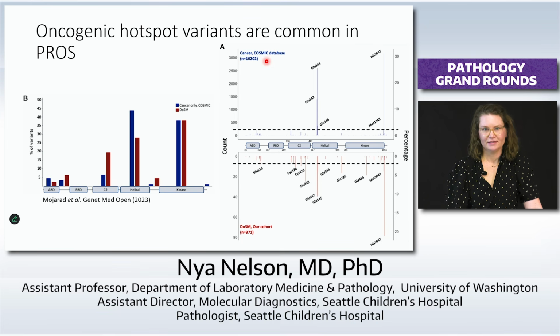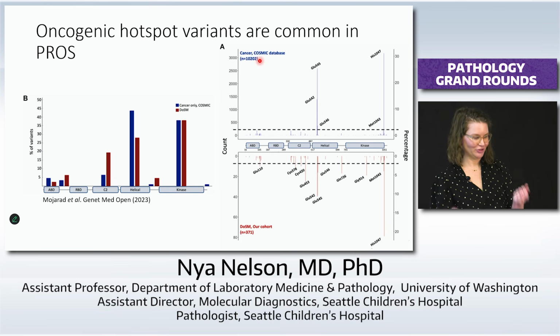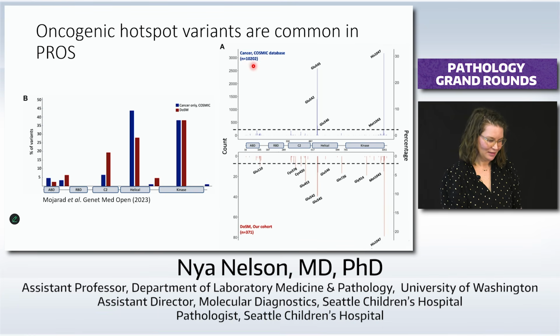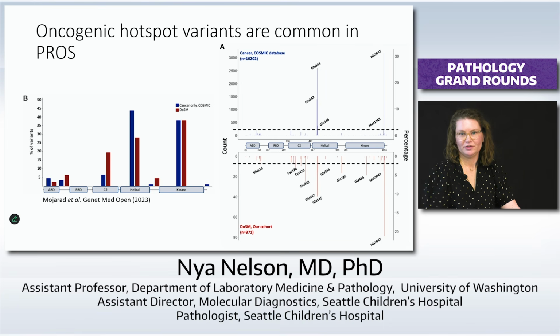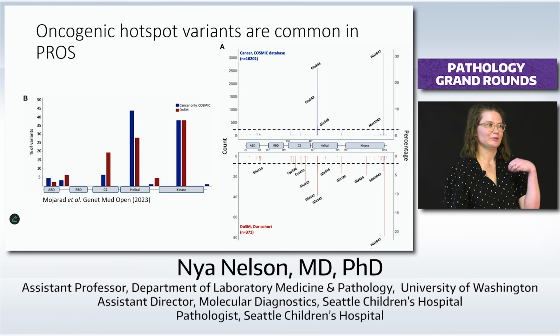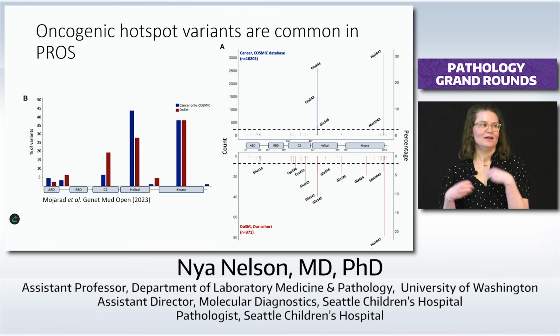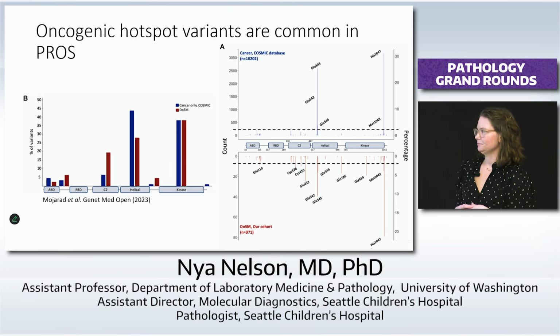And what you'll notice is that there are similar trends in both. In both cancer and mosaic disorders, amino acids 542, 545, and 1047 are the most frequently altered. And so in these patients with lymphatic malformations, we're seeing the same PIK3CA variants that you may see in a breast cancer.